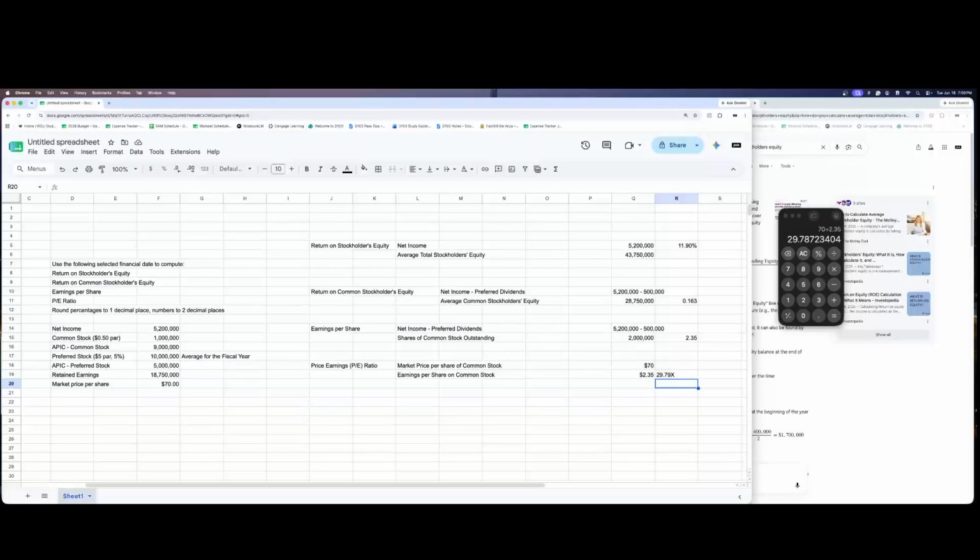So it's earning 29 times the price earnings ratio.